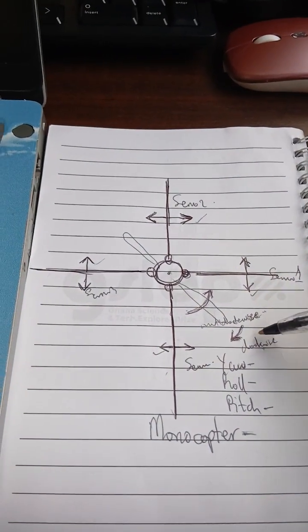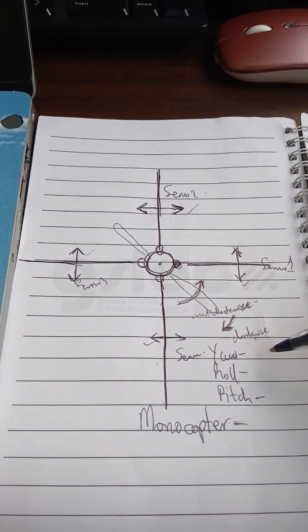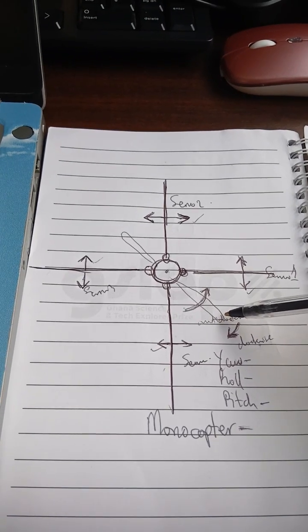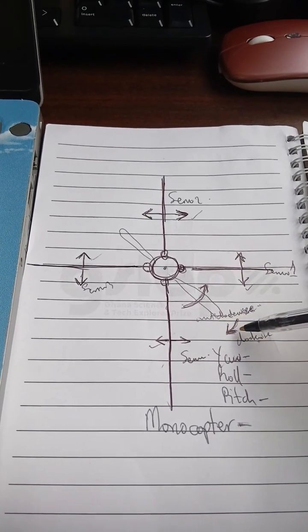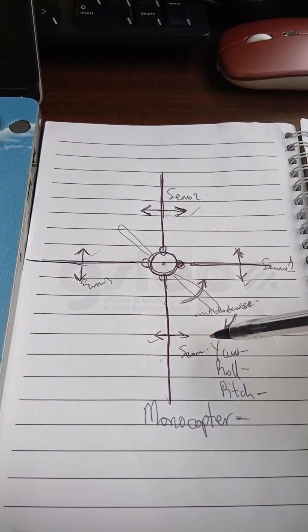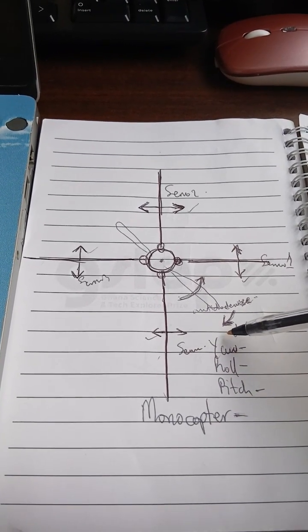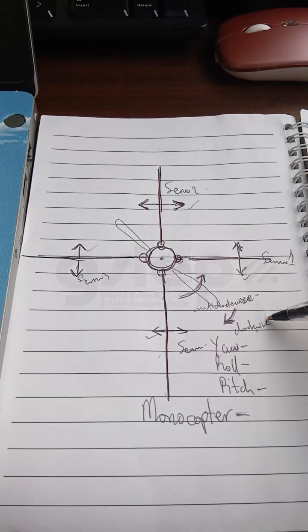So in doing that, we are able to control yaw, because we can stop yaw, but we can also reduce the forces against it and cause it to yaw clockwise, as well as increase the forces and cause it to yaw anti-clockwise.